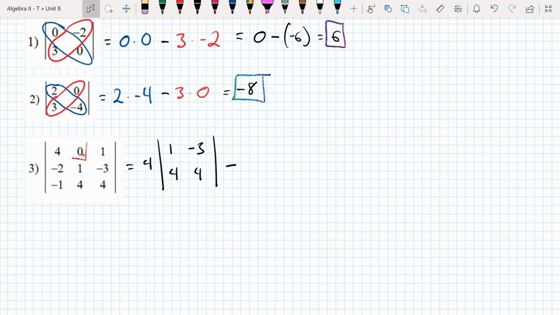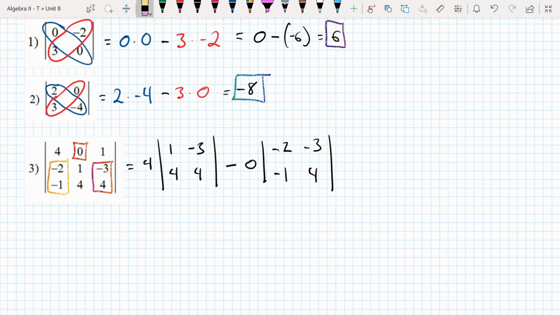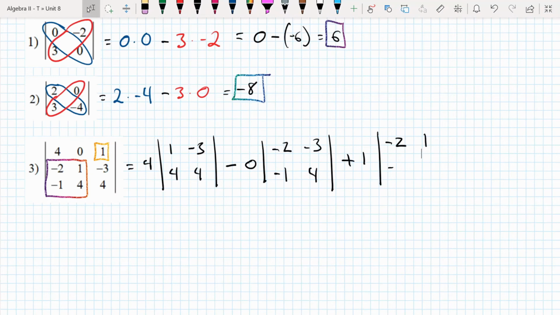It actually won't matter for this one because the middle number is 0 times the determinant of this 2x2 matrix. So 0 times negative 2, negative 3, negative 1, 4. Okay, and then the last term here is going to be 1 times the determinant of this matrix. So plus 1 times negative 2, 1, negative 1, and 4.